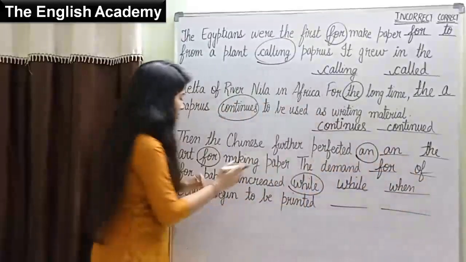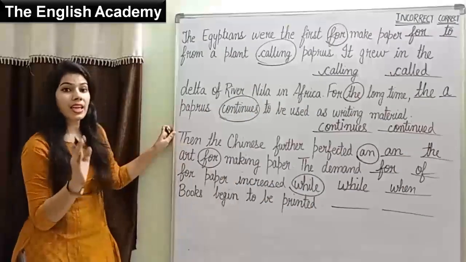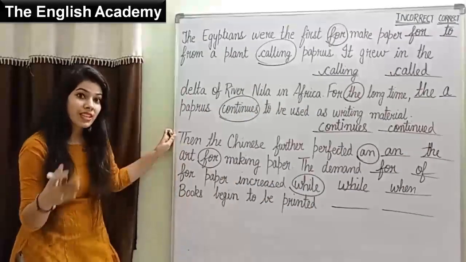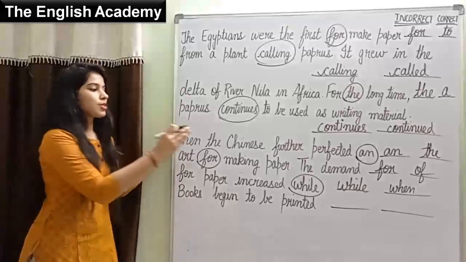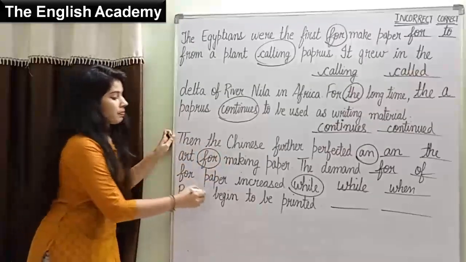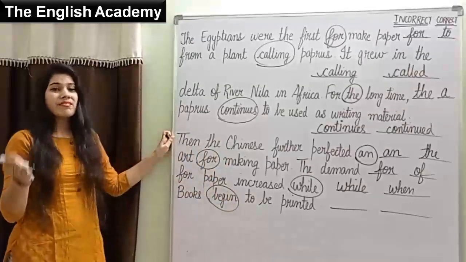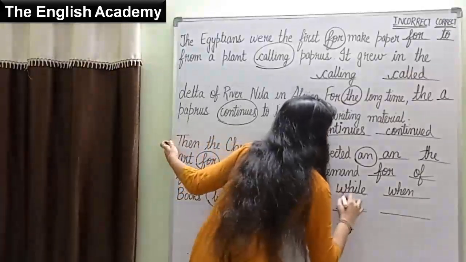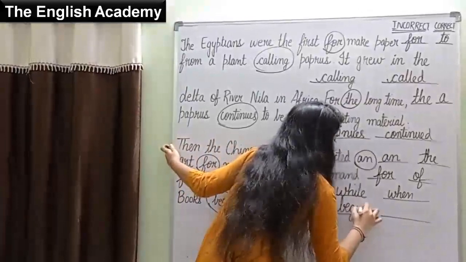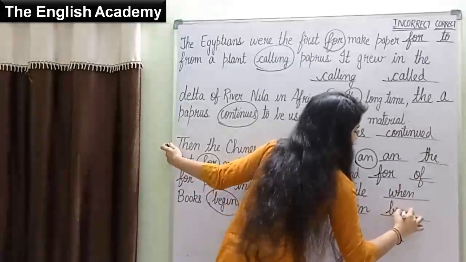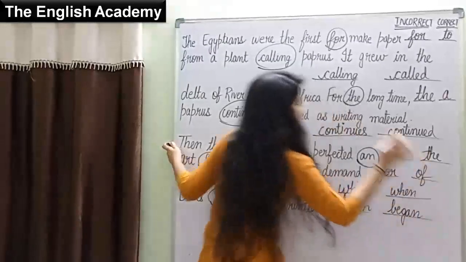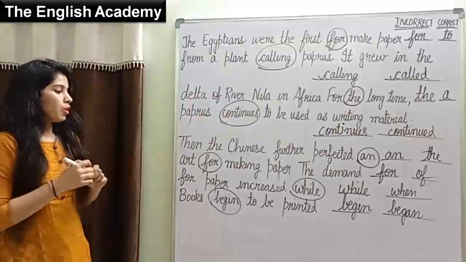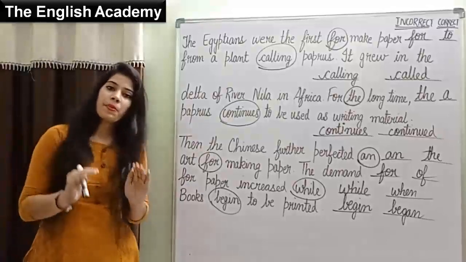When. पेपर की डिमांड कब बढ़ी? जब बुक्स ज्यादा प्रिंट होने लगी. So when books begin, present, no, began. So books began to be printed.